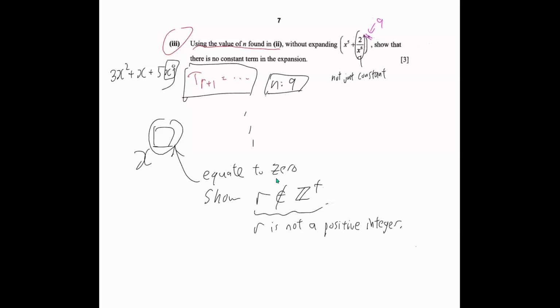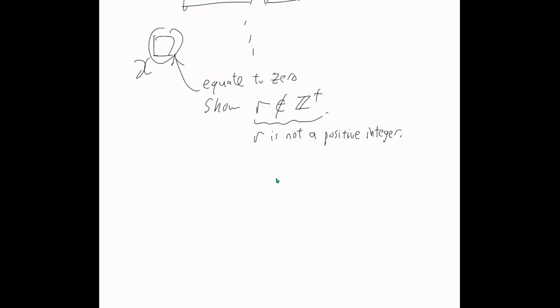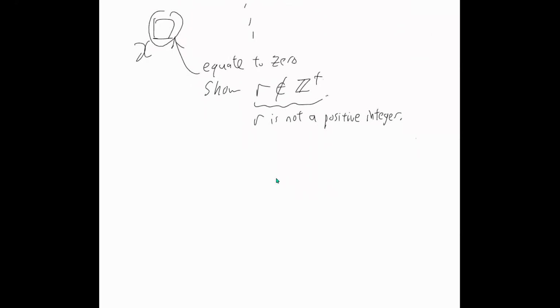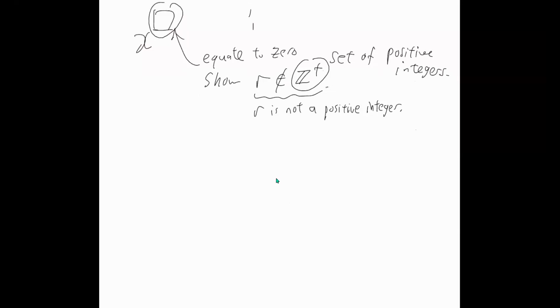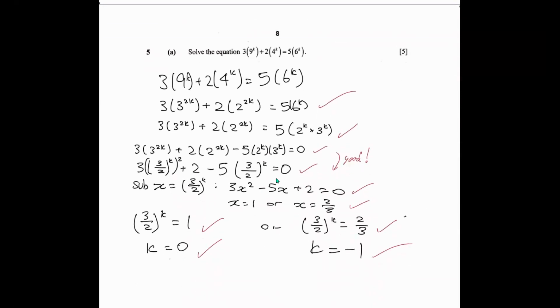This is a funny notation for saying r is not a positive integer, it's not in the set of positive integers. Can move on, notation not so important.